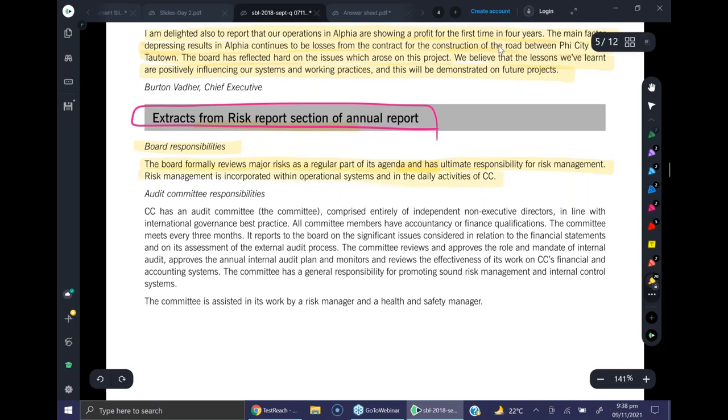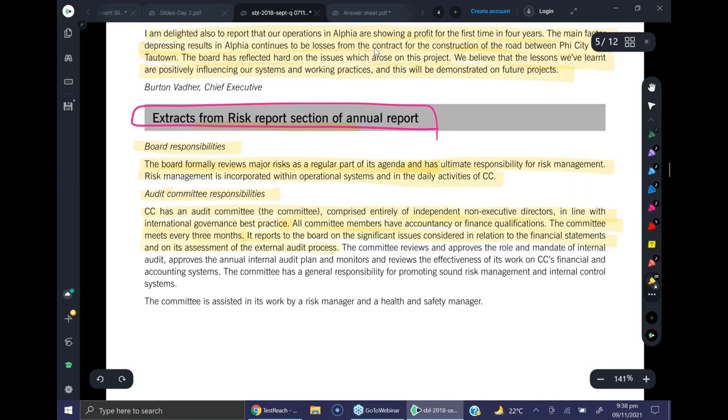Okay. Audit committee responsibilities. CC has an audit committee comprised entirely of independent non-executive directors in line with international corporate governance best practice. All committee members have accountancy or finance qualifications. The committee meets every 3 months. It reports to the board on the significant issues considered in relation to financial statements and on its assessment of external audit process.